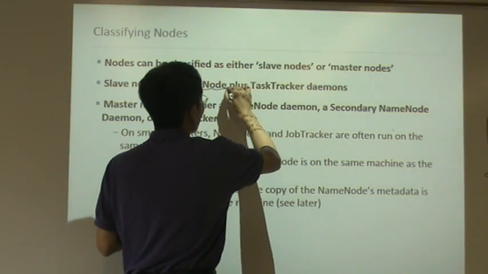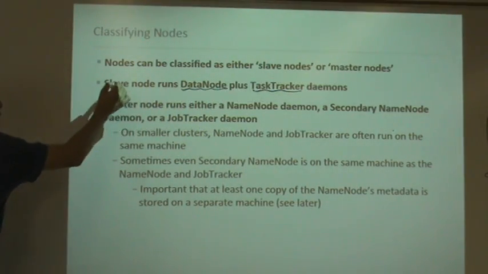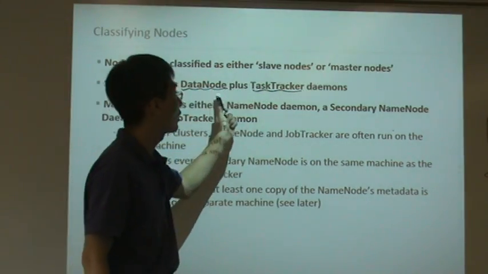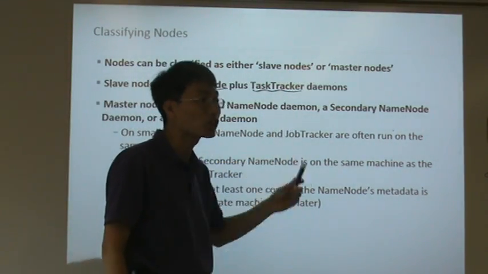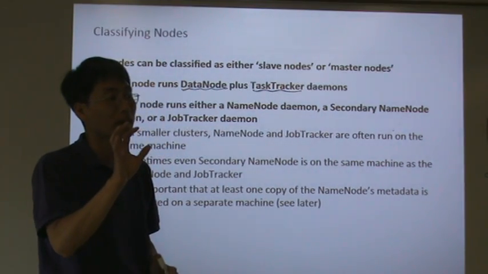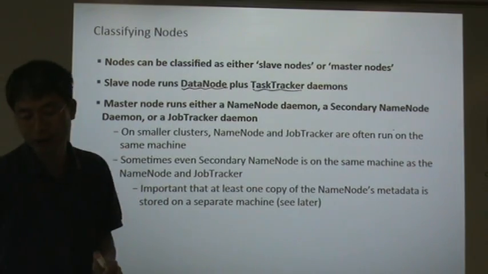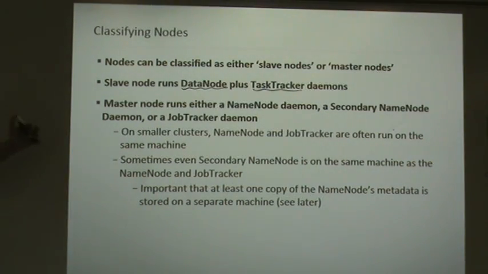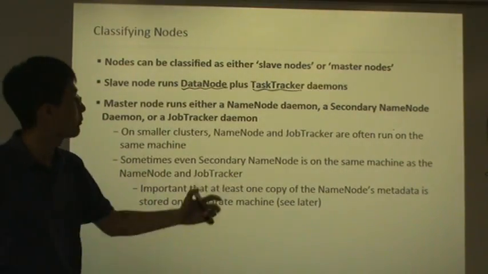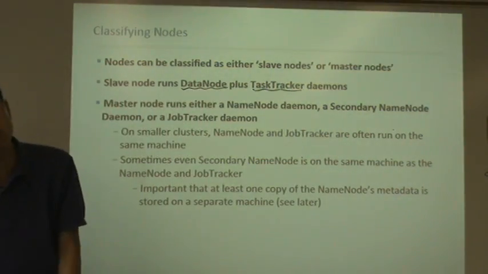So we have the data node and the task tracker daemon processes in the slave node. The data node stores the data, while the task tracker works for MapReduce programming, especially mapper and reducer. The master node has the name node and the secondary name node. The secondary name node can be a separate node.